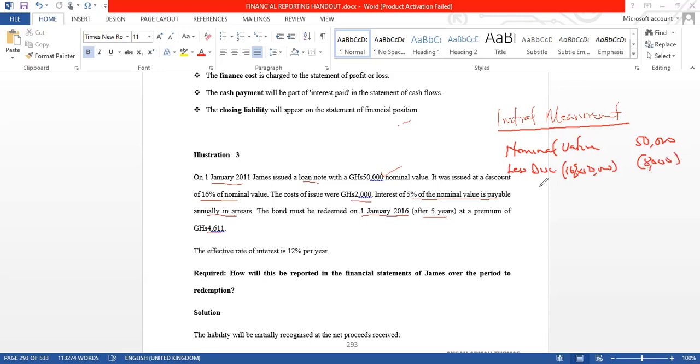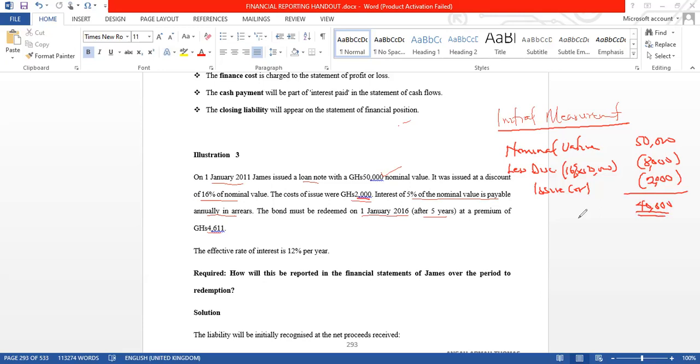Then we less our issue cost. Issue cost is given to us as 2,000, so we less 2,000. What we are going to get as our initial measurement is 40,000. All right, so that is that.